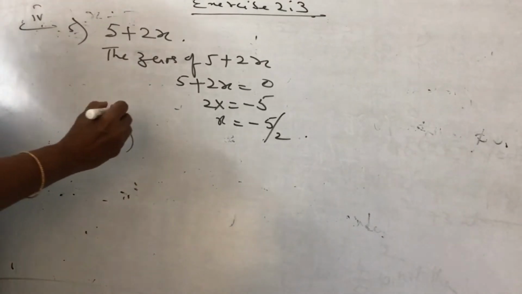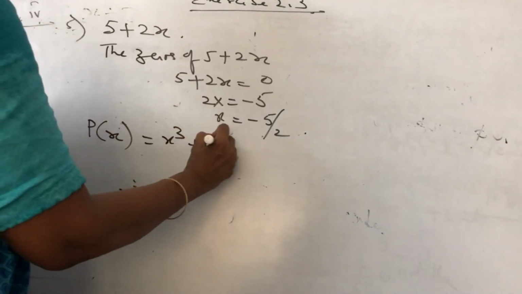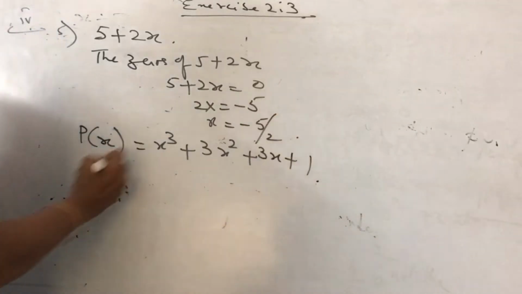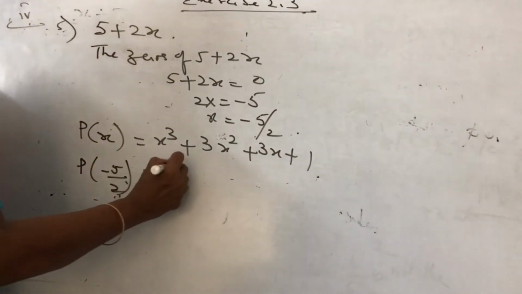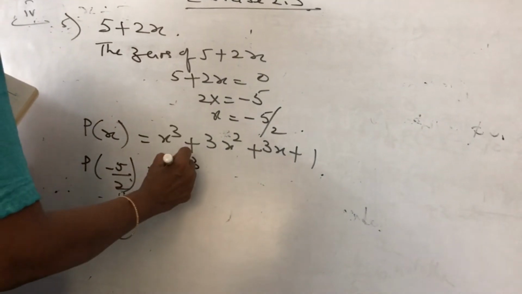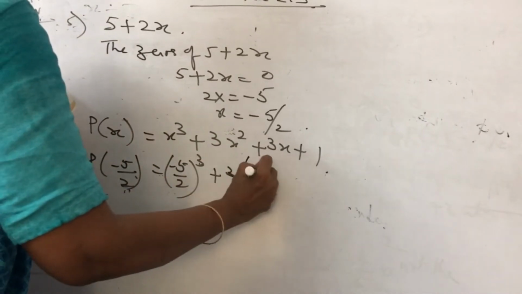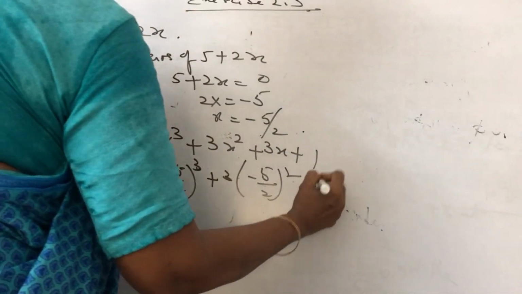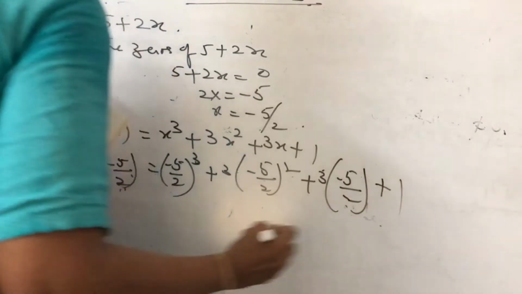P of x is equal to x cubed plus 3x squared plus 3x plus 1. Substitute your value. X is equal to minus 5 by 2. Minus 5 by 2 the whole cube. Minus 5 by 2 the whole square. Plus 3 into minus 5 by 2 plus 1.